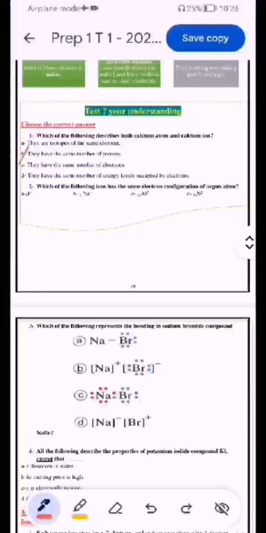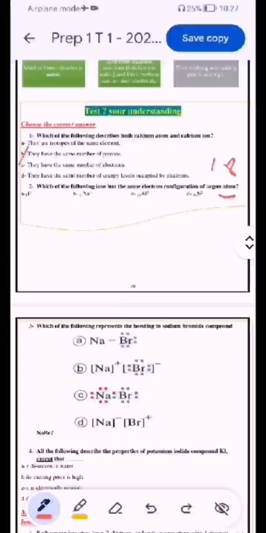Number two, which of the following ions has the same electron configuration as an argon atom? Okay? Argon has 18. Fluorine 9, as an ion, will gain 1 electron and become like Ne 10, so it is false. Na 11 will lose the valence electron and become 10 also.